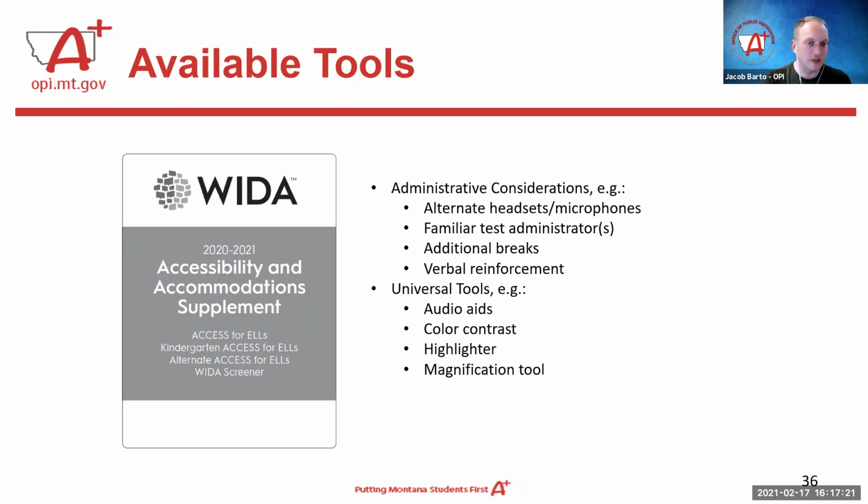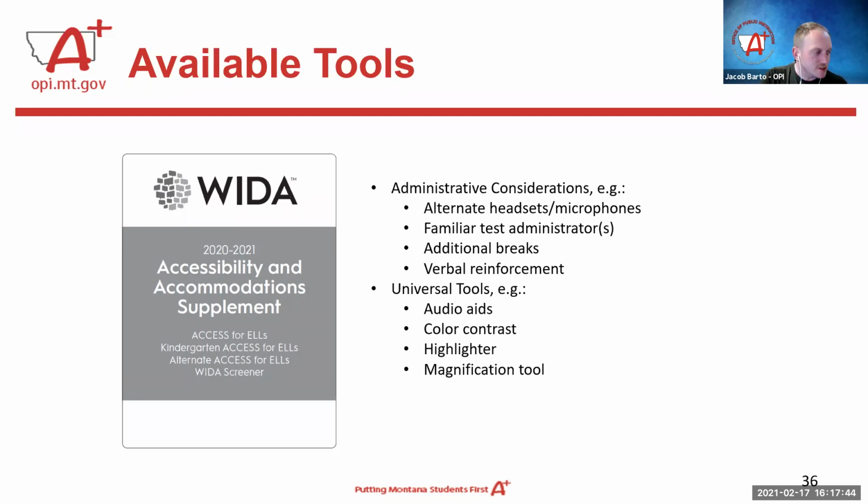It walks through, like Dwayne was saying, this sort of three-tiered approach, right? So there's universal design, then there are administrative considerations and universal tools. And these are supports that are available to all students, regardless of IEP or 504 status, to help them successfully navigate the access test.